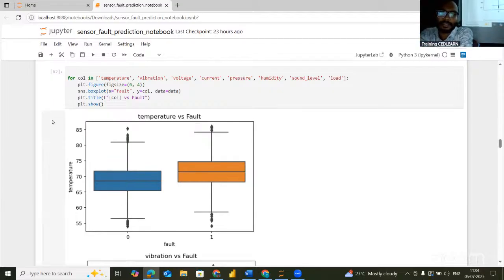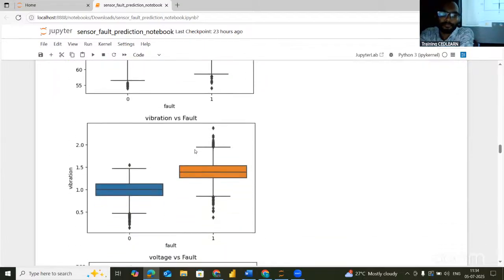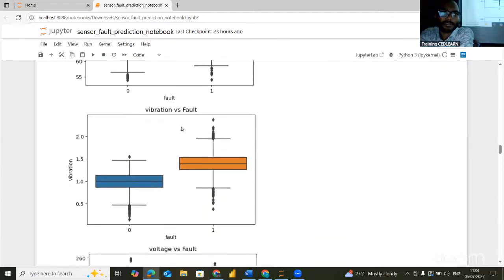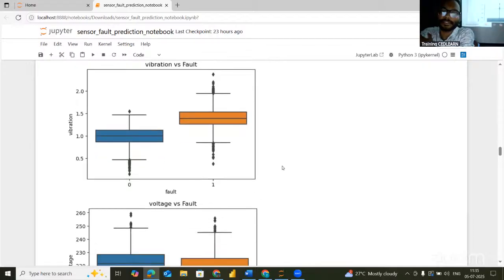As the temperature gets higher, the box tilts towards the riskier side. Same with vibration. When the machine is working properly and in good condition, there won't be any vibration. Once it starts to wear and tear, vibration increases, and the chances of fault also increase.